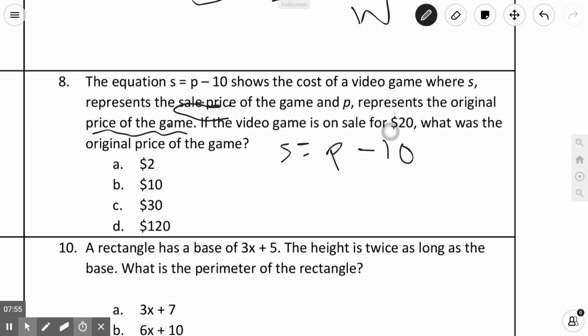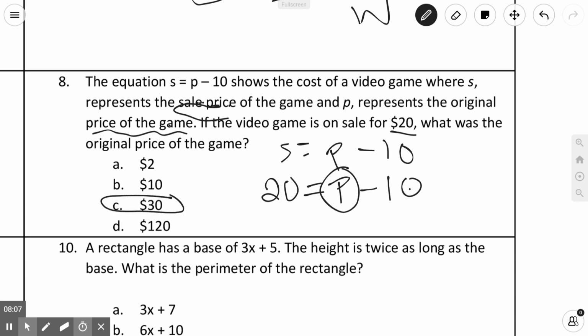So the sale price is 20. So this is 20 is equal to P minus 10. So if I've got something minus $10 gives me $20 left over, well, that's just 30 because 30 minus $10 equals 20. Be careful that you read, right?